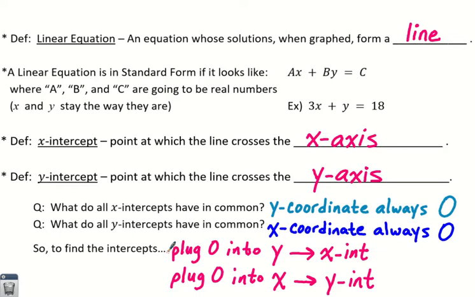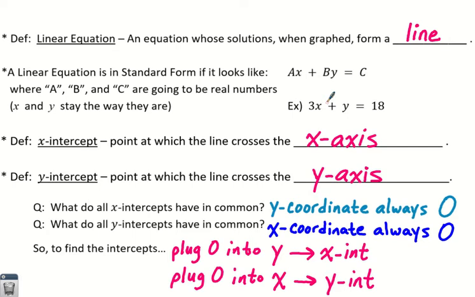I can even take this further. Like, if you wanted to find the x-intercept, why not just graph this line? Get some graph paper, or go on a graphing calculator, go on Desmos.com or whatever, and look at the graph of this line and just eyeball on the graph where the line is intersecting the x-axis.